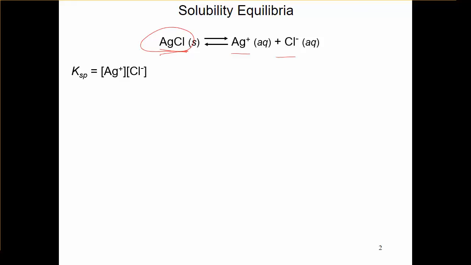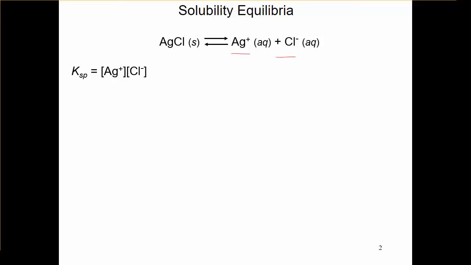Well, this silver chloride is solid, right? So do we include it? No, it's not included. So really, the Ksp here, the equilibrium solubility constant, is simply equal to the concentration of silver times the concentration of chlorine.